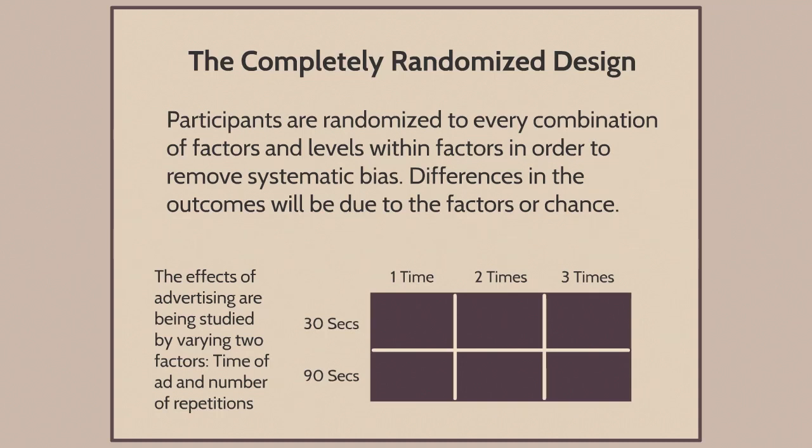That is, we randomize to all the different factors, and we did it randomly. That's what it means to be randomized, to all those different factors. It's a very strong design.